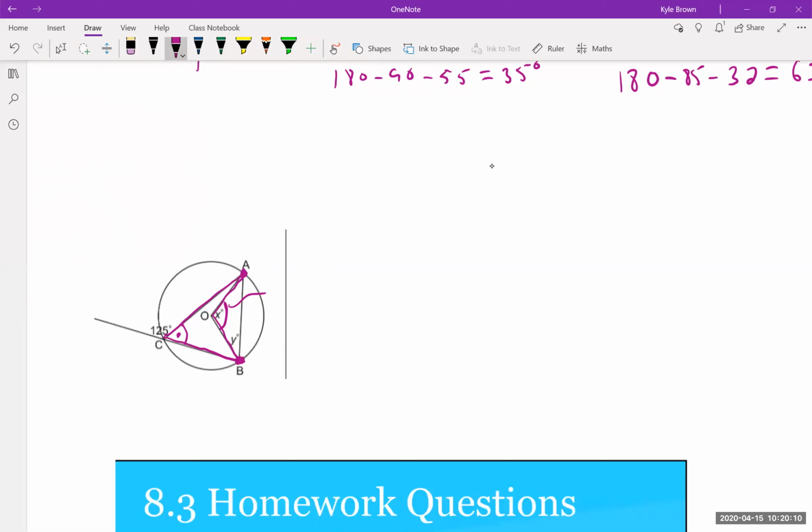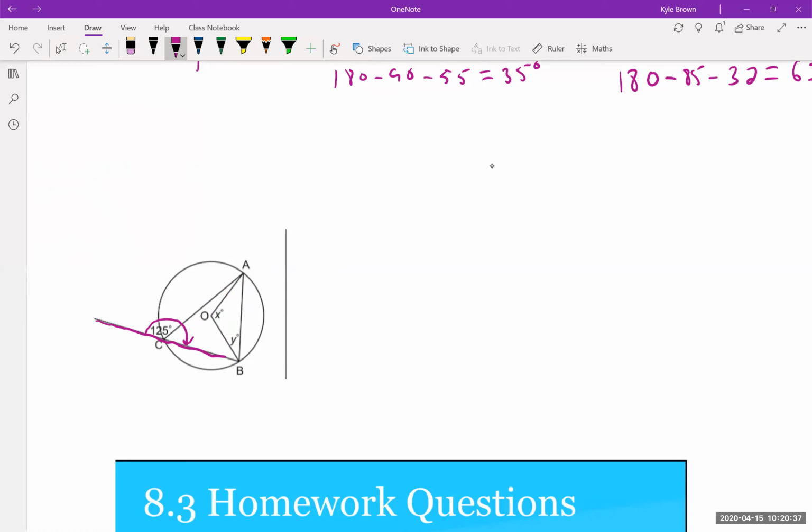Okay, well, is there any way I can find that angle? Well, there's a little trick here. They've given me a straight line from there across. So if that's a straight line, then I know it is 180 degrees all the way around, from one side to the other.